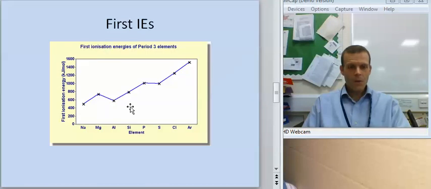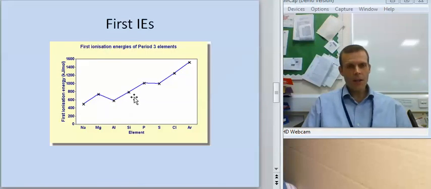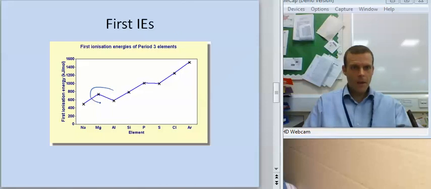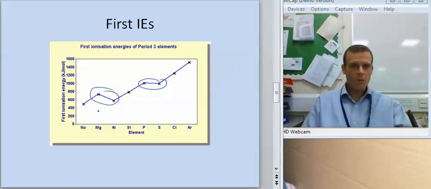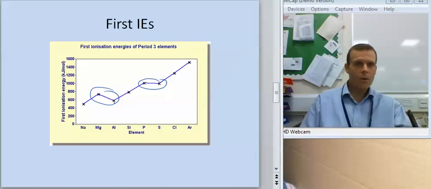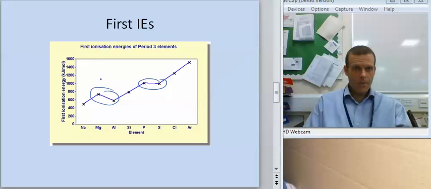Right, so we've talked about this trend in first ionization energies before, I think, in the standard level section. Two key areas to look at here and here. We've got a general upwards trend because we're adding electrons to the same energy level, but all the time there's more protons in the nucleus. But for magnesium going to aluminium, we're starting the p sublevel, and we've got a very slight drop as we go from s1, s2 to a p.